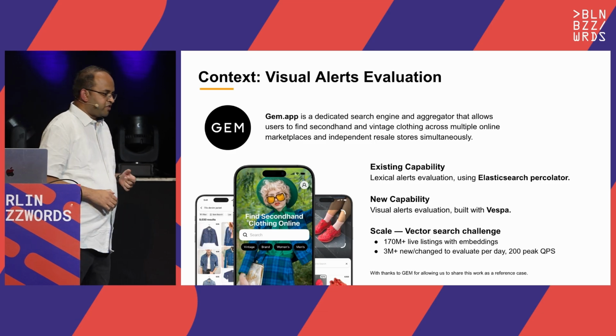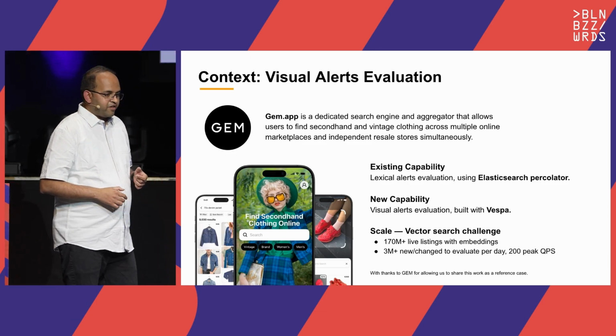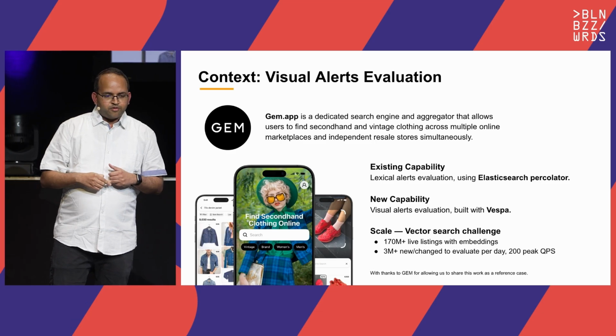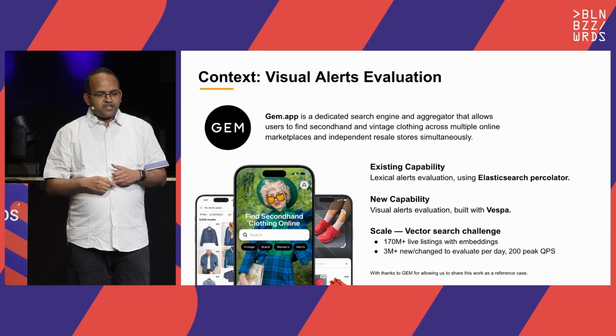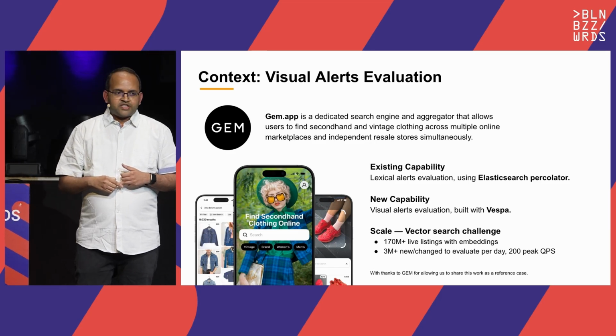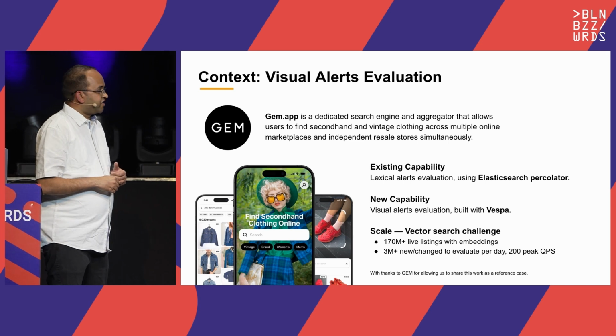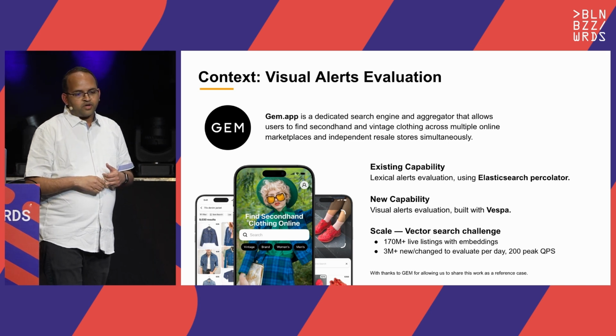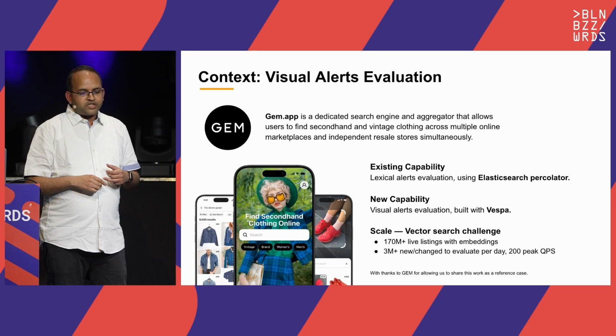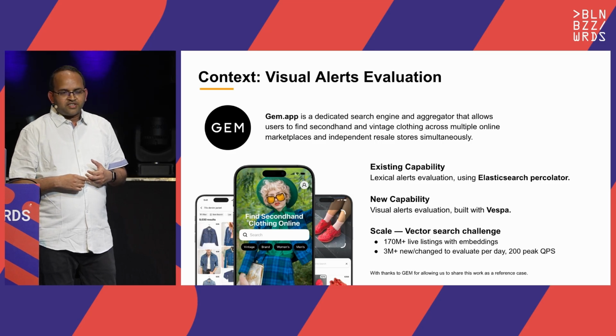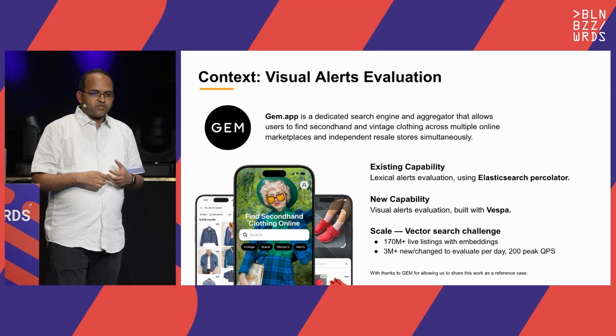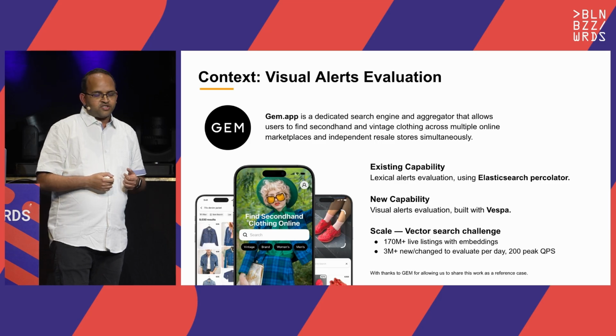To ground this work, I'm very happy to introduce my client here. It's Gem app. They are a marketplace aggregator who have more than 170 million live listings with embeddings. They already support image search for their customers.